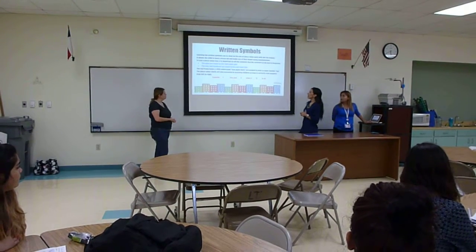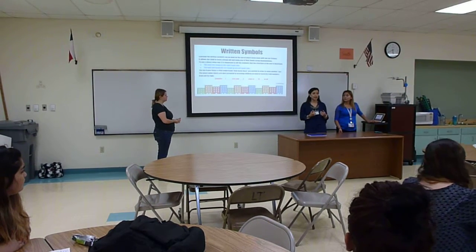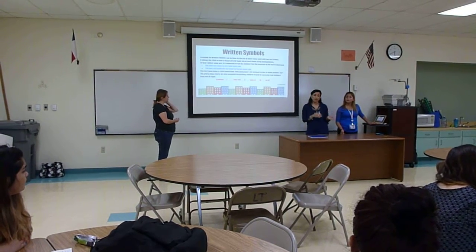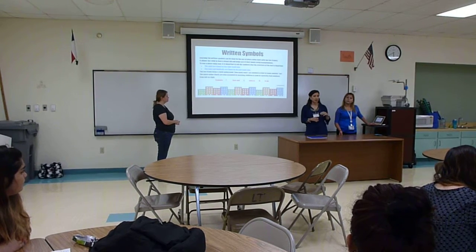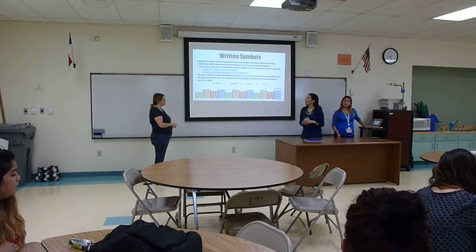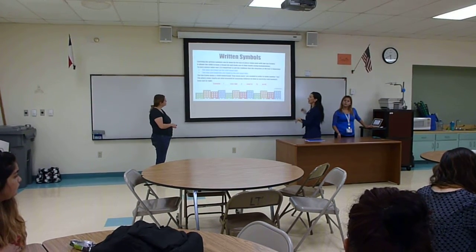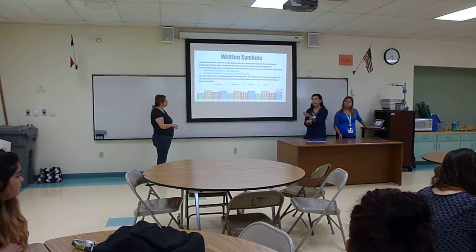Written symbols is next. Learning the written symbols can be done by the use of place value maps, which is what I did. I incorporated the hundreds, tens, and ones, and I still used the symbols that the first group went over: the less than, greater than, and equal to signs. On the base 10 chart, the ones are on the right-hand side, and the tens and hundreds are found on the left-hand side.